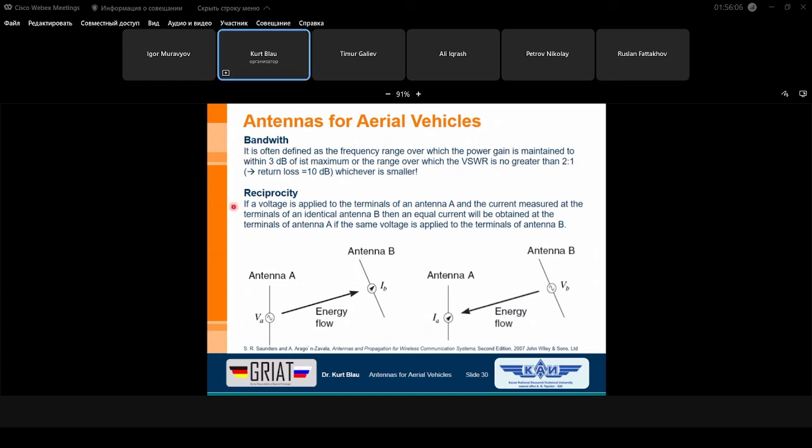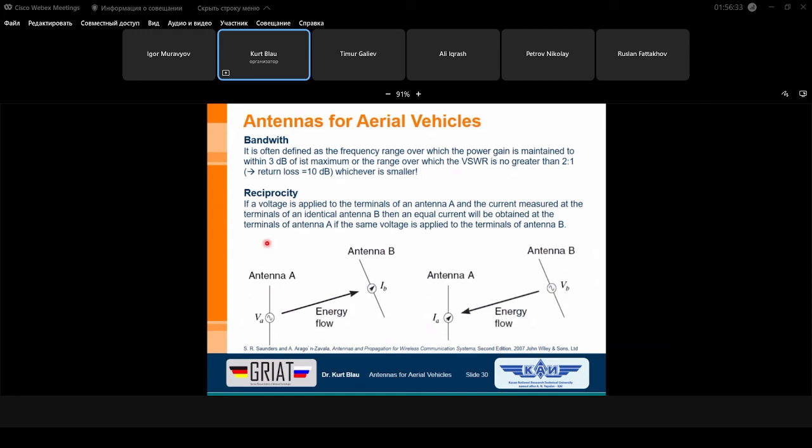What is reciprocity? Reciprocity is the behavior of the antenna, because the antenna is a linear device. This you have to keep in mind. Antennas are normally absolutely linear devices, so far as they are built from metallic parts, PCB and so on.